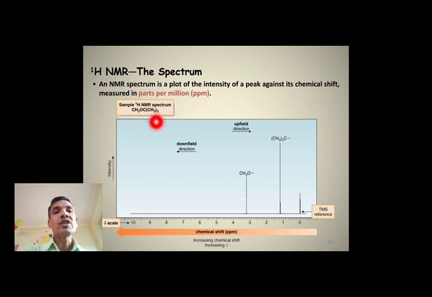The spectrum of this molecule shows a signal at 0 delta value, which is of the reference standard. We are using TMS as a reference standard in NMR. TMS means tetramethylsilane. We will discuss it later on.